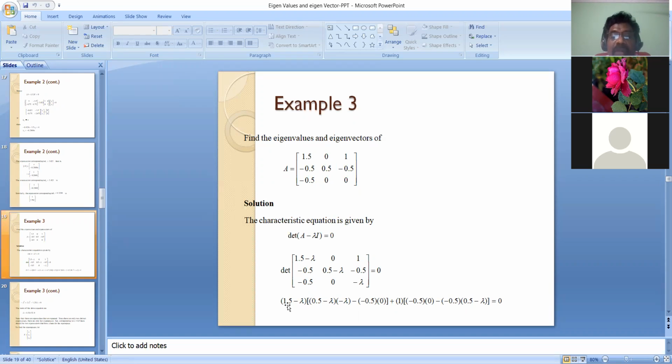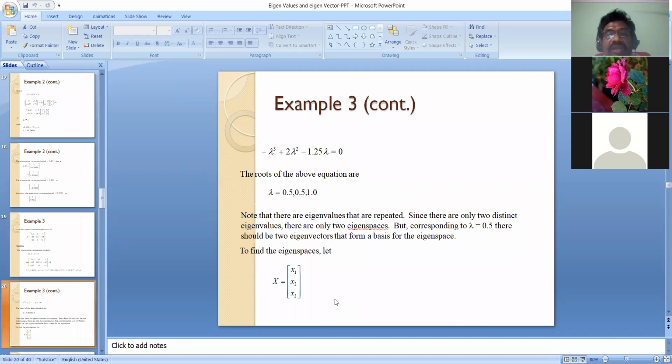We get (1.5 minus lambda) into (0.5 minus lambda) into (minus lambda minus 0.5 into 0) plus 0 minus 0 into anything is 0, plus 1 into (0 minus 0.5 into 0), that is 0, minus of (minus 0.5 minus lambda) into minus 0.5 equal to 0.